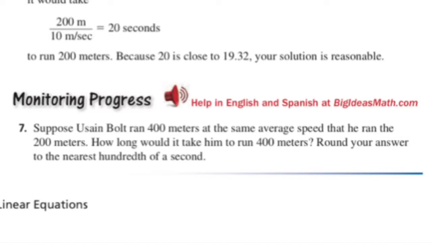Problem number 7. Suppose Usain Bolt ran 400 meters at the same average speed that he ran for 200 meters. How long would it take him to run 400 meters? Round your answer to the nearest hundredth of a second.